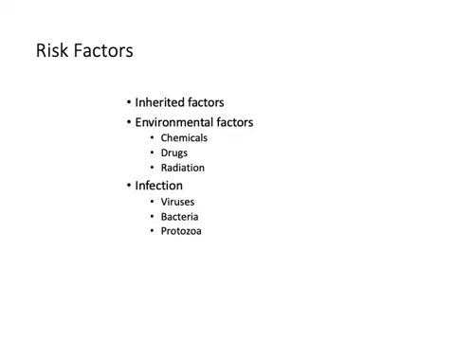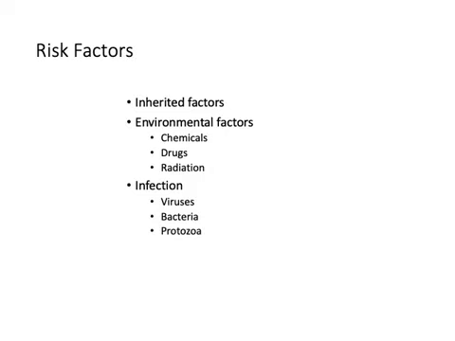Certain genetic conditions may predispose the patient to certain hematologic malignancies. For example, acute myeloid leukemia in patients with Down syndrome, lymphoproliferative diseases in patients with disorders of inherited immune deficiency, for example, patients with Wiskott-Aldrich syndrome.